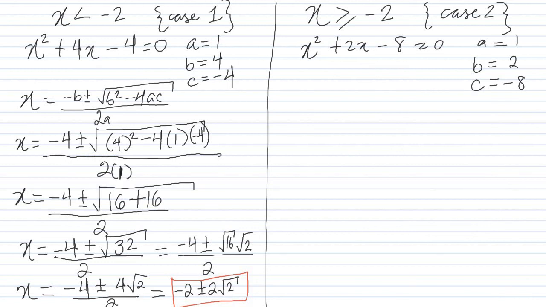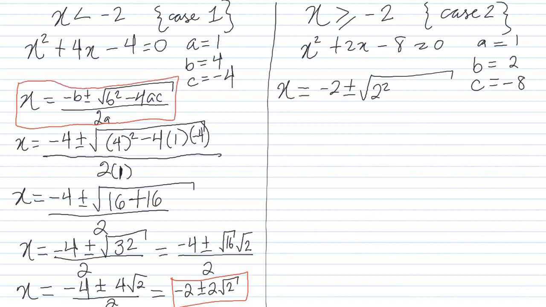So you have x equals negative b, that's negative 2, plus or minus the square root of b squared minus 4ac, over 2a. By the way, if you're wondering what I'm doing, I'm using the quadratic formula.